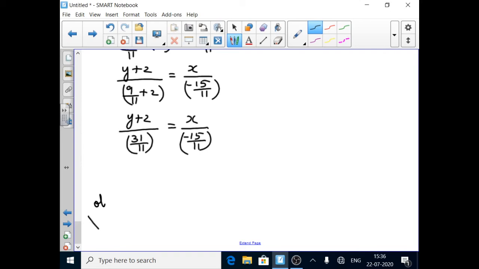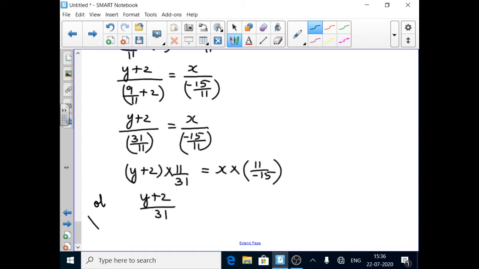We will bring it to the numerator. That is y plus 2 into the reciprocal of 11 by 31 is equal to x into 11 by minus 15. The 11 gets cancelled. We are getting (y plus 2) by 31 is equal to minus x by 15.